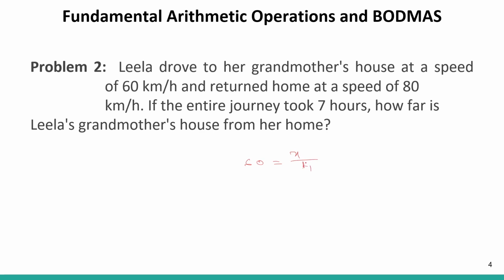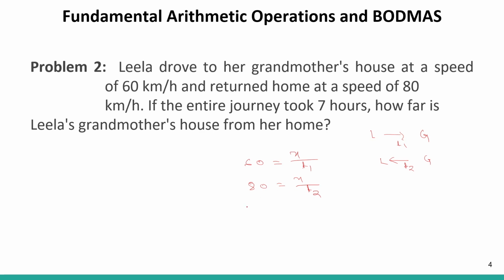Let it be t1, the time Leela takes to go to grandmother's house. And t2 is the time from grandmother's house back to Leela's house. So 60 is equal to x by t1, and 80 is equal to x by t2.